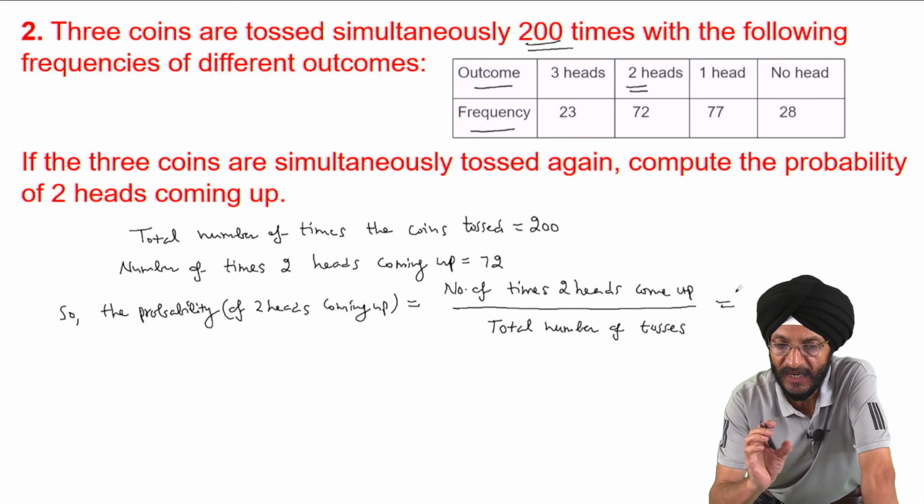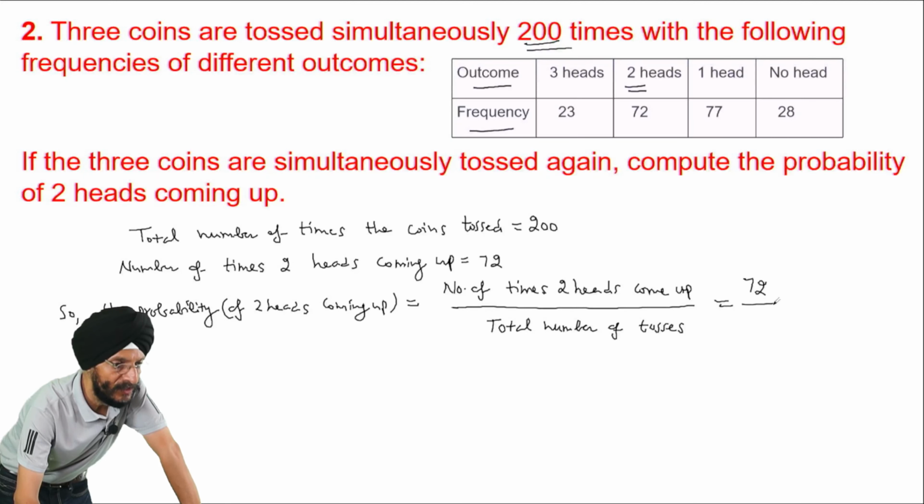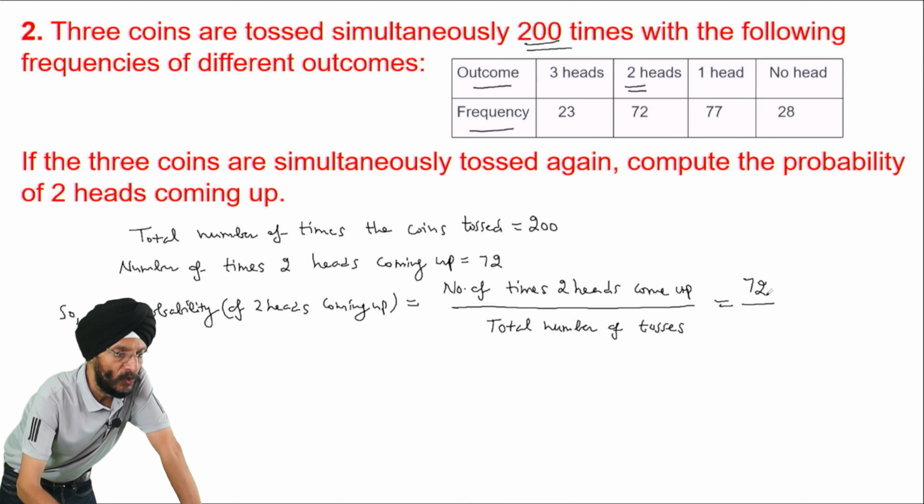Number of times two heads came up, these are 72, these are to be divided by 200.